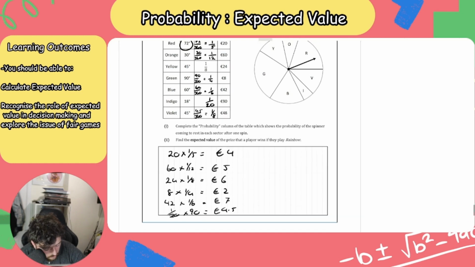And then finally 1/8 of 48 is going to be 6 euro.